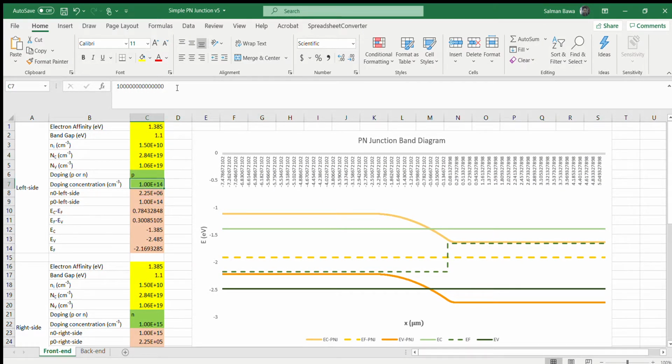And what happens if we increase the doping concentration on the left-hand side by an order of magnitude compared to 1 exponential 15?